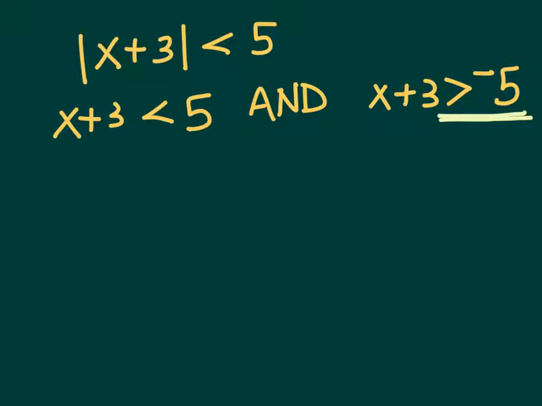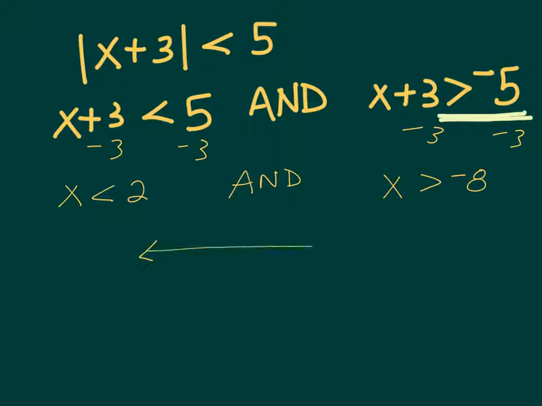So now we solve these. In this case, I'm going to subtract 3 from each side. I'm going to get x is less than 2. And if I subtract on this side, x is greater than negative 8. So when I put this on my number line, I want to be less than 2, open circle and to the left, because I want to be less than.